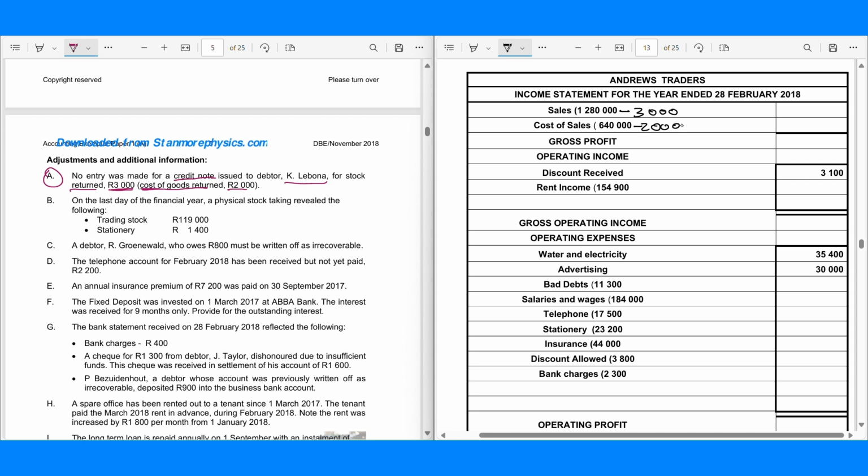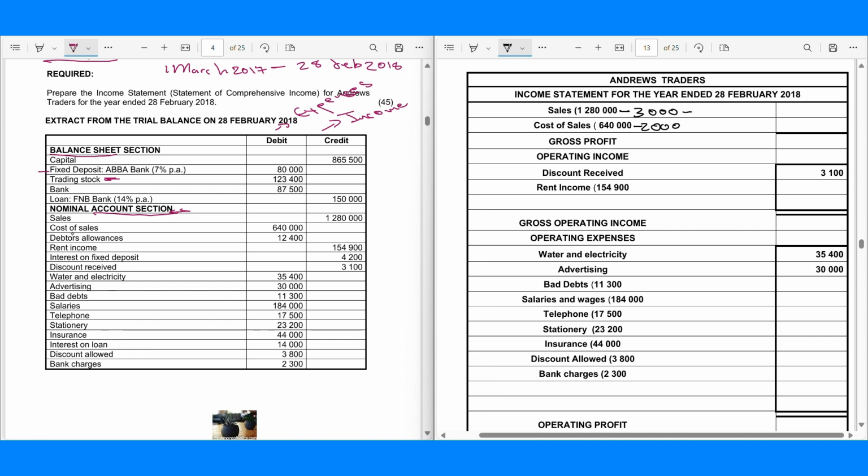You should always know that they can give you the cost price of the returned goods and the markup, from which you should calculate the selling price of that credit note. So let's minus debtors allowance. Debtors allowance reduces the sales. Here it is given, which is 12,400.